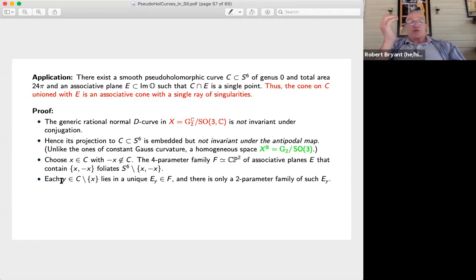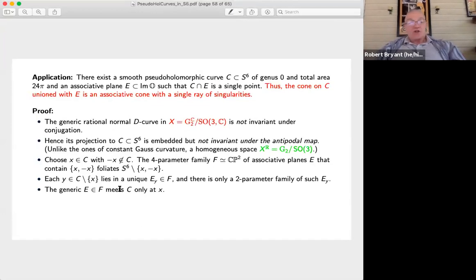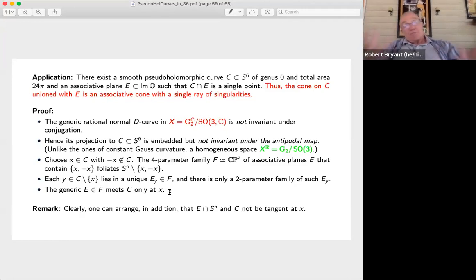And there's only a 2-parameter family of points y in C, but this family of planes is 4-dimensional. So that means the generic associative plane in this family meets C only at x and nowhere else. And that's the proof.